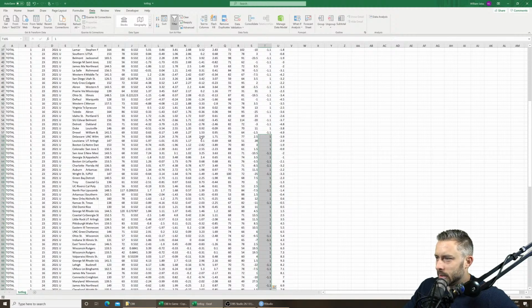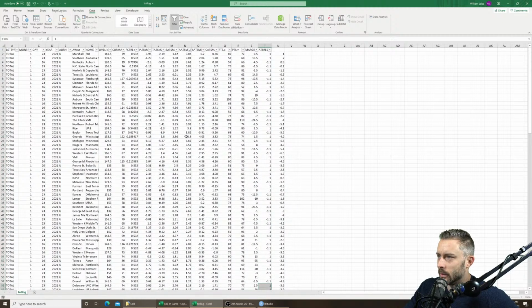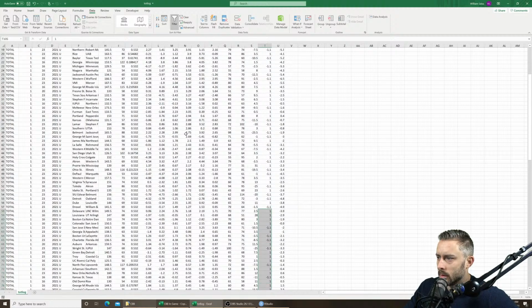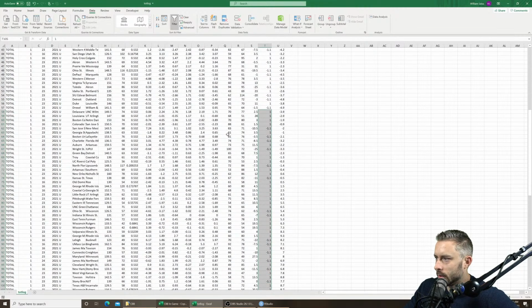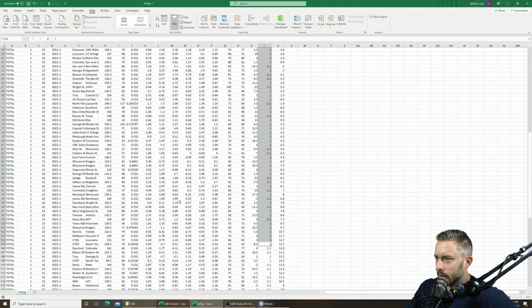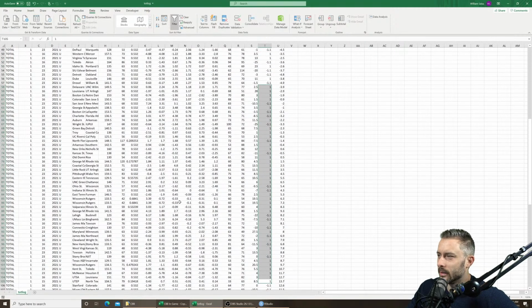It's really anything between 1.18, which is in favor of the under, by the way. 1.18 in favor of the under, and minus 0.91. So I don't like that though.